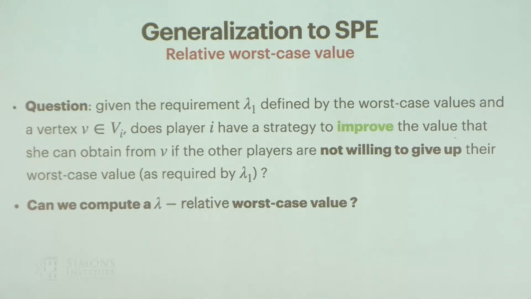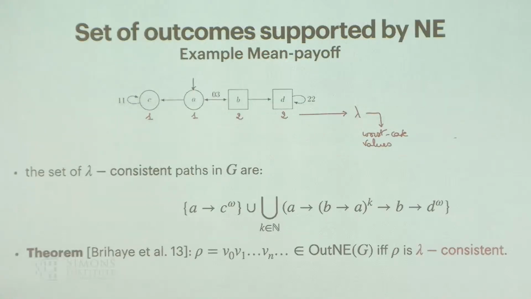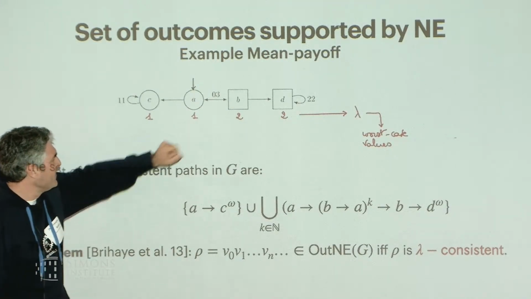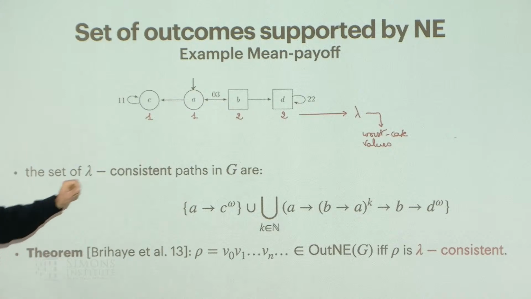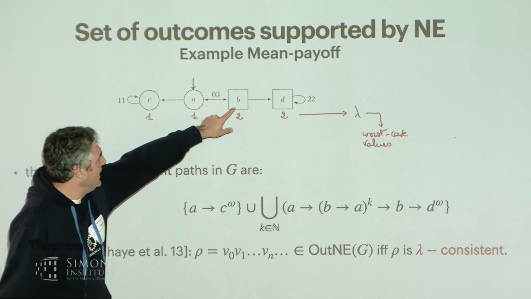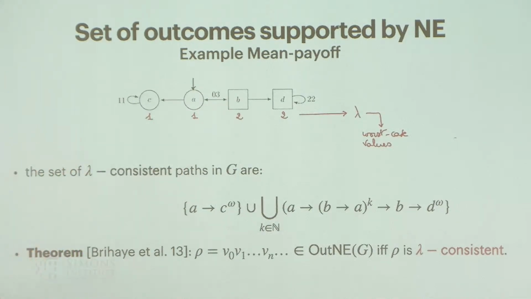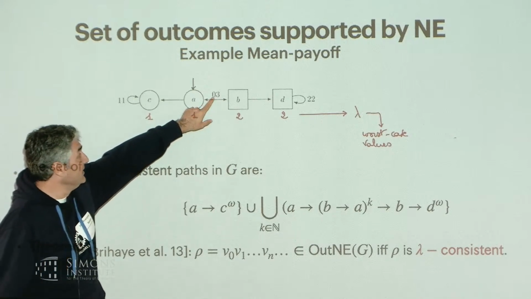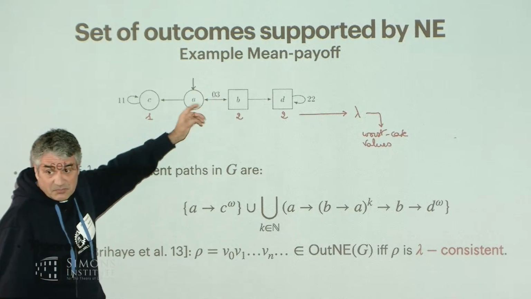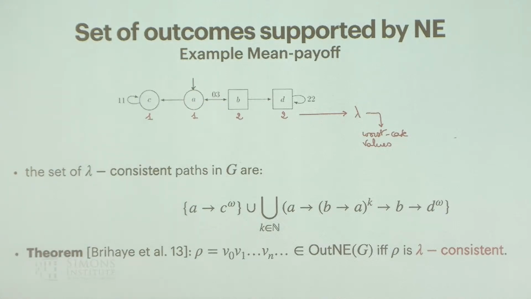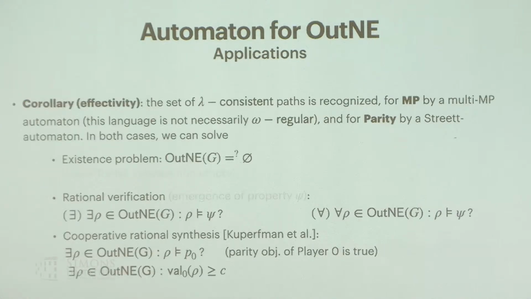Intuitively, if you compute this worst case value there, in my example, you may now ask yourself, okay, so I can get 1, right? But now if I go on the right, maybe the adversary now will not inflict 0 on me because maybe it's not rational anymore for him, right? So it's a question like that I would like to answer.